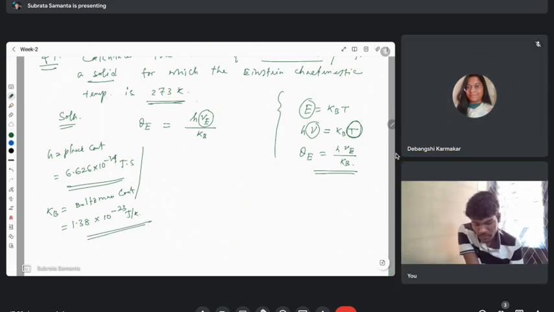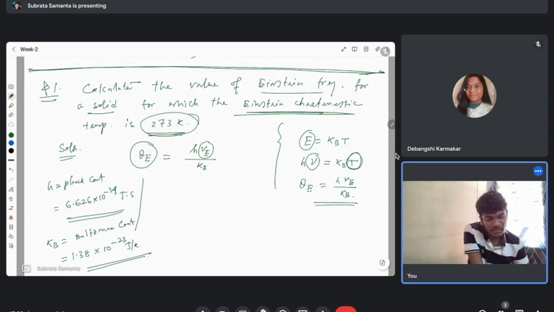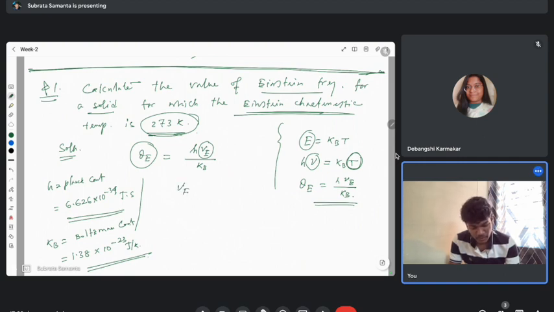Once you put these in, you know theta E: the Einstein characteristic temperature is 273 Kelvin. We just put it in the formula and calculate.